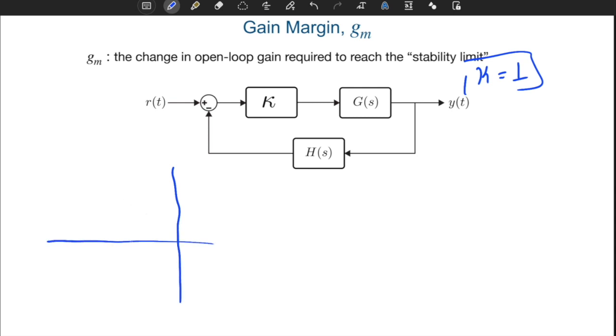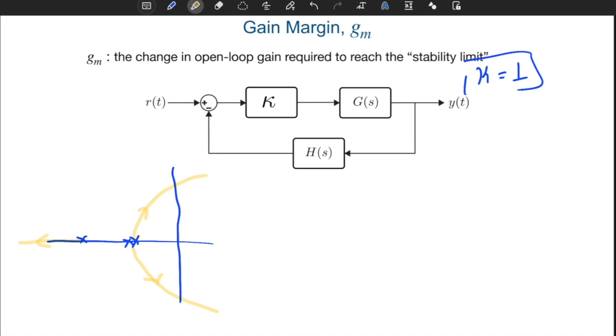I have a double pole here, and this goes like this. It is quite possible to have a root locus that looks like this. I should have a pole here also, and this goes like this. Okay, so we look at the change in open loop gain.